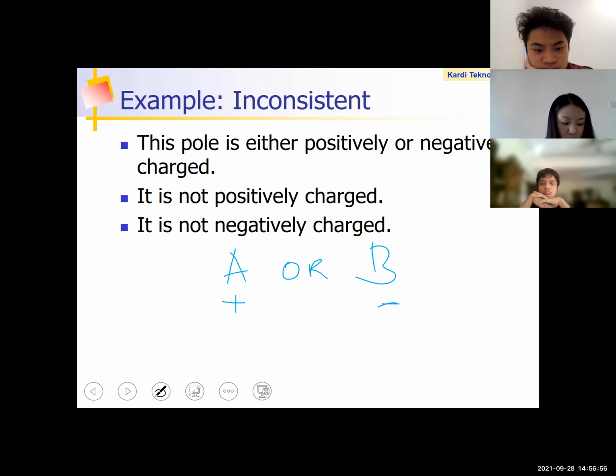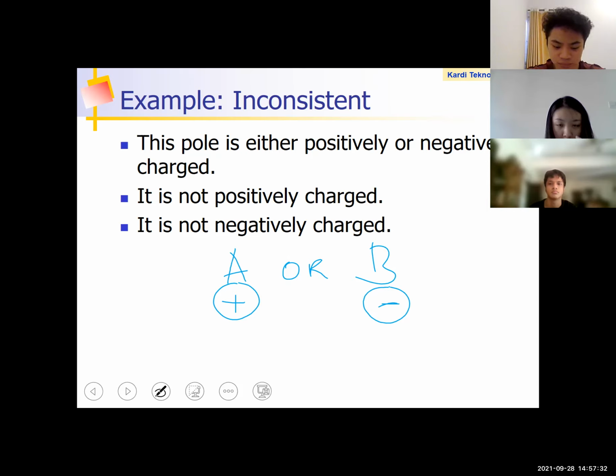So how about if positive and negative? So what is the meaning of or in here? Either A, right? Or B. How about if both, both A and B? Is that included in or, or not?